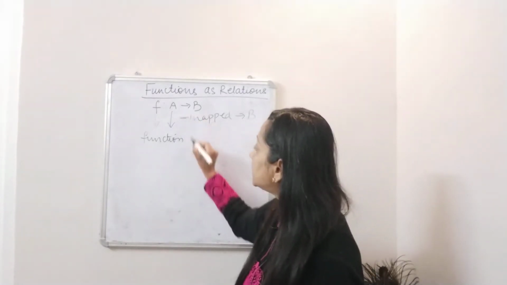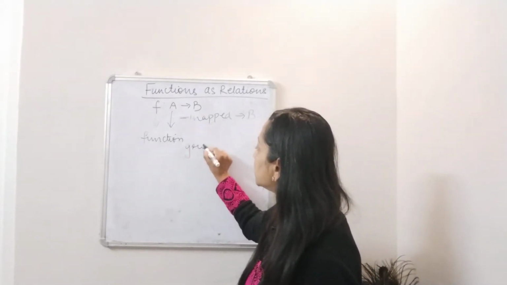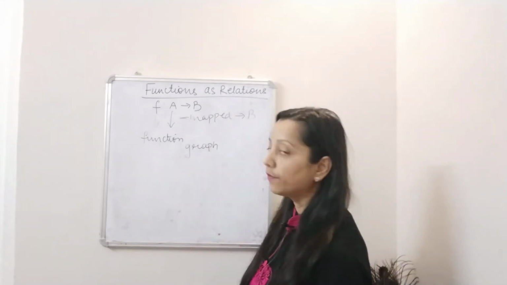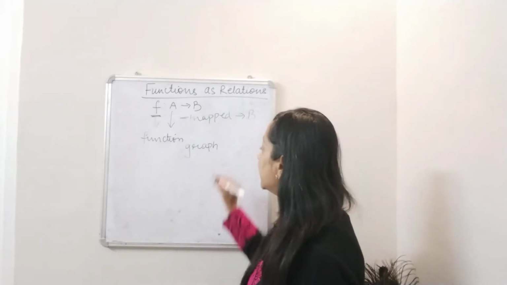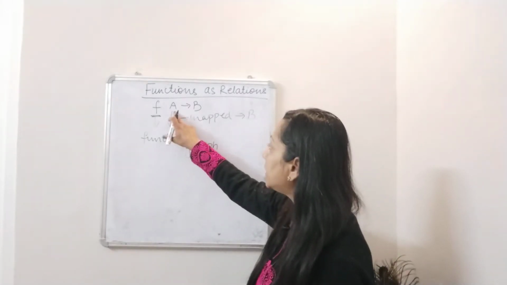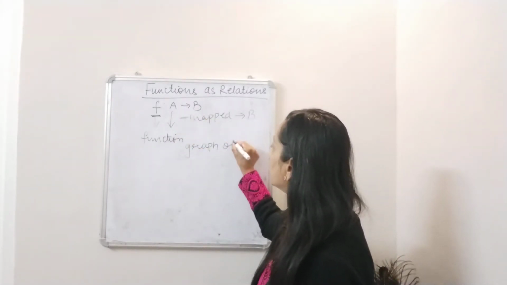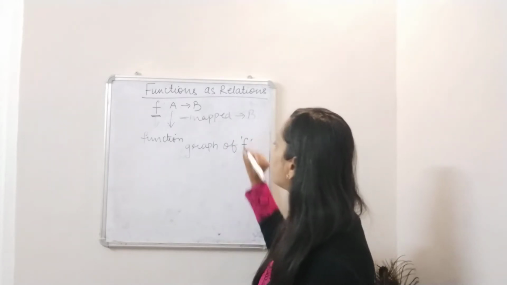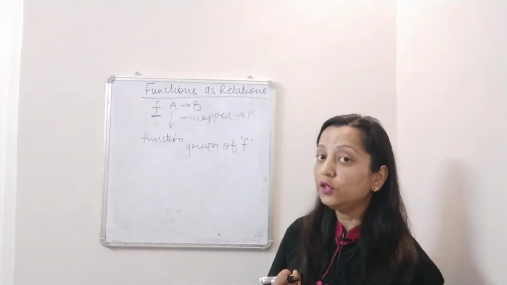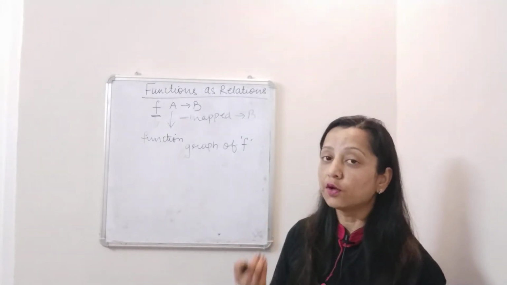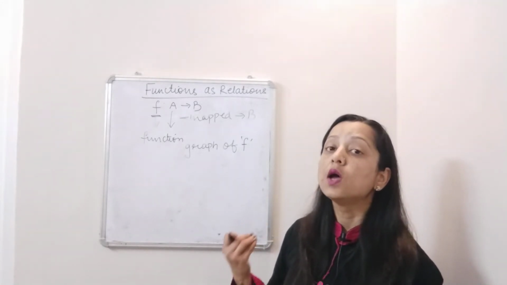And this relation in case of functions is known as the graph. So if we are talking about the function f, then this relation that is from set A to set B will be known as the graph of function f. So just like in case of sets we use the term relations, in case of functions we use the term graph.